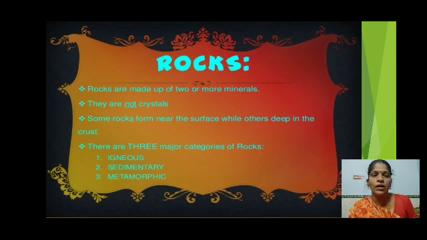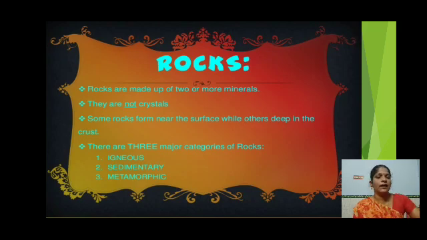Some rocks form near the surface while others form deep in the crust. There are 3 major categories of rocks: igneous rocks, sedimentary rocks and metamorphic rocks.